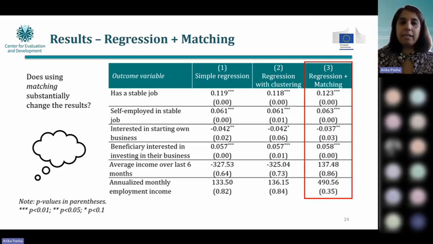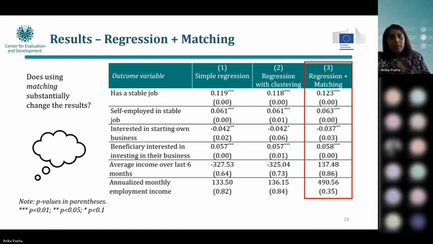And this is basically your overall result. Here, again, similarly, but now the coefficient B is higher. That is to say that you are 12.3% more likely to have a stable job. Again, statistically significant with 3 stars, so with 99% confidence or at the 1% significance level.